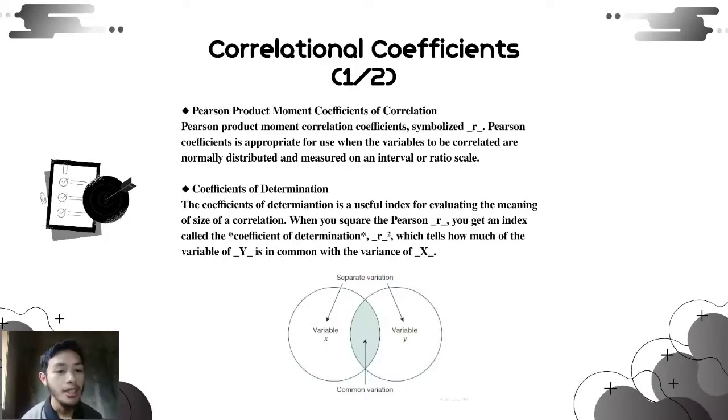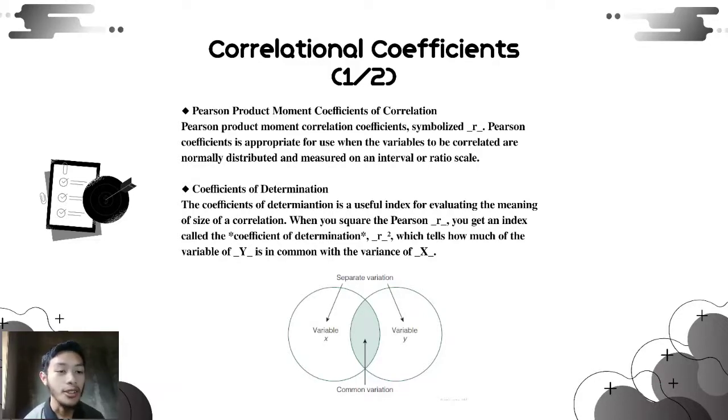Alright, the Pearson product moment is the most widely used descriptive statistic of correlation. It is very appropriate for use when the data of the research are normally distributed and measured on interval or ratio scales.